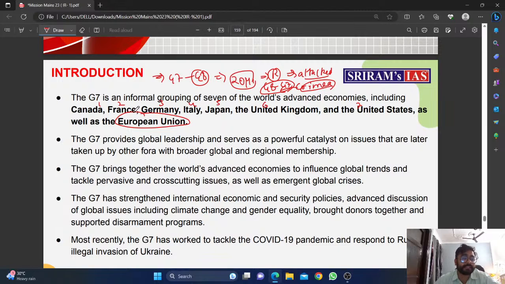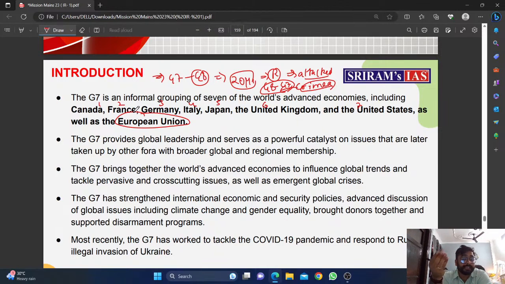So G7 provides global leadership and serves as a powerful catalyst on issues that are later taken up by other organizations, which are broader and which can further reach regional memberships. All these important countries are part of many regional organizations, so they can deliver their agendas in those regional organizations. Since these G7 nations are the most advanced countries in the world, ये दुनिया के सबसे डेवलप्ड नेशंस में से एक है.